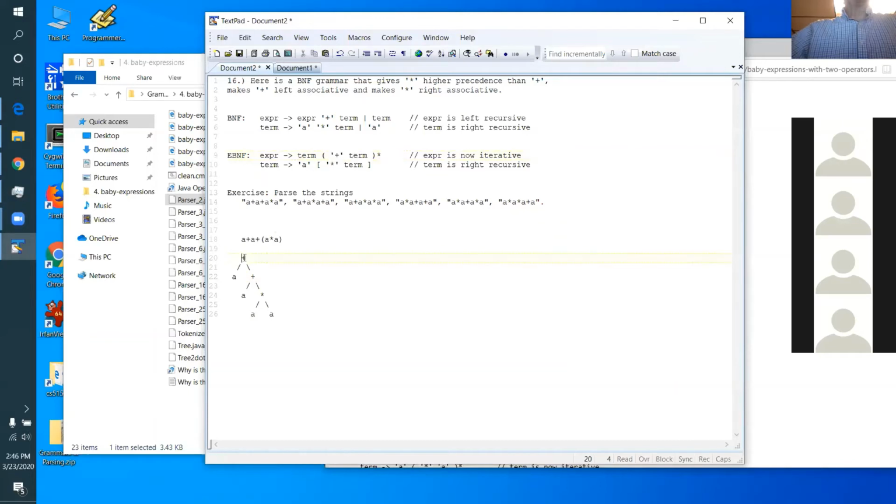So that's the plus. Am I reading this right? Yeah. And then this term here would be, yeah, it's tricky. I'm getting mixed up now in building the parse tree from the grammar.